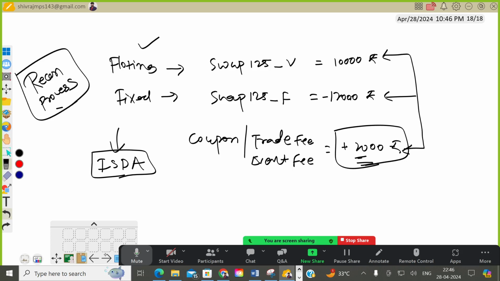If you are facing any issues with swaps, if you're not able to resolve any breaks, then check the ISDA master agreement. That master agreement will provide you all the required details to understand those breaks and everything. Right. So yeah, I'm done with this ISDA module.